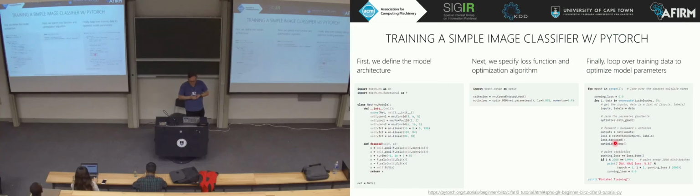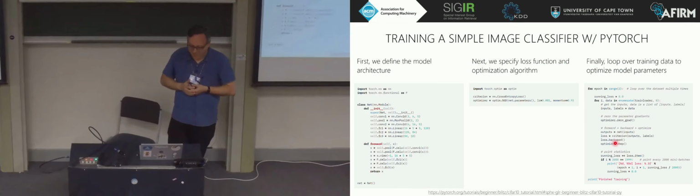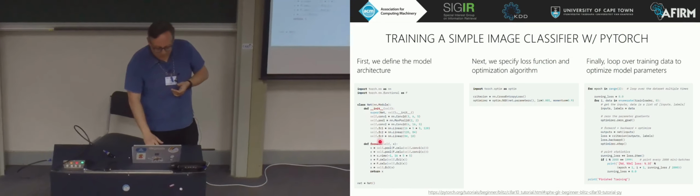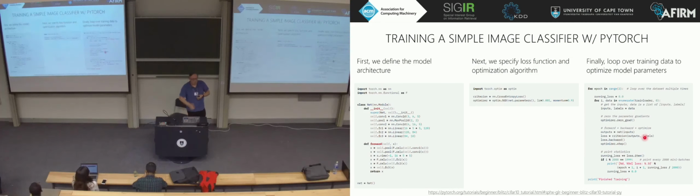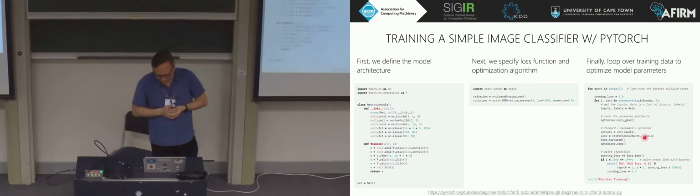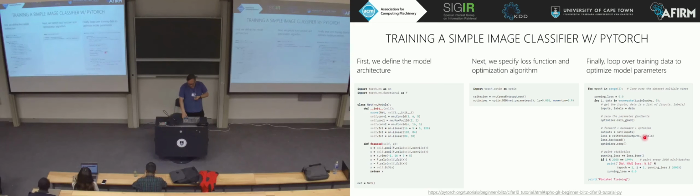We don't need to go through it, but in the lab we will go through two examples that have this sort of form, where you have some code that describes the model architecture, some code that describes the loss function, and then you loop over your data and you train. That's how you code up one of these things, and that's what will be seen in the lab.